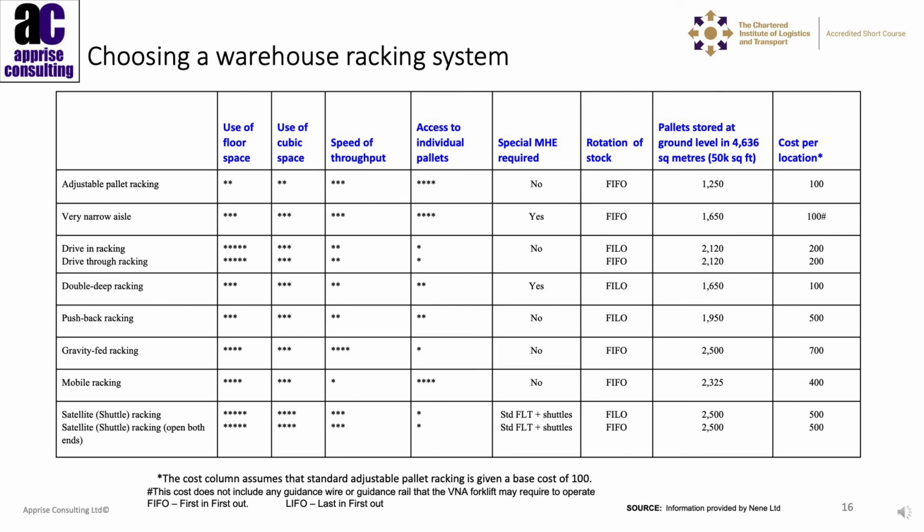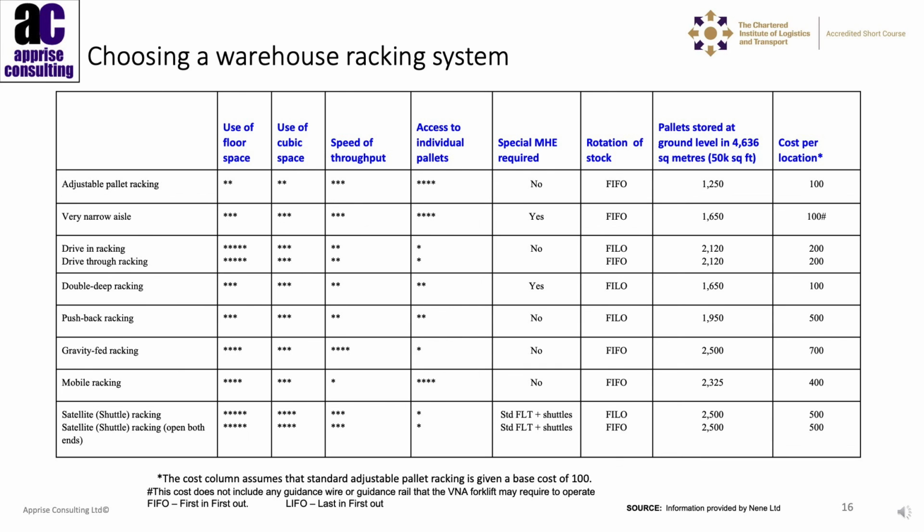We don't need any specialist materials handling equipment, and we can operate on a first in, first out basis. In terms of storage, yes, within 4,636 square meters or 50,000 square feet, we can store 1,250 pallets. And the cost per location as a base figure, so we're using adjustable pallet racking or selective rack as a base figure, that's at 100.